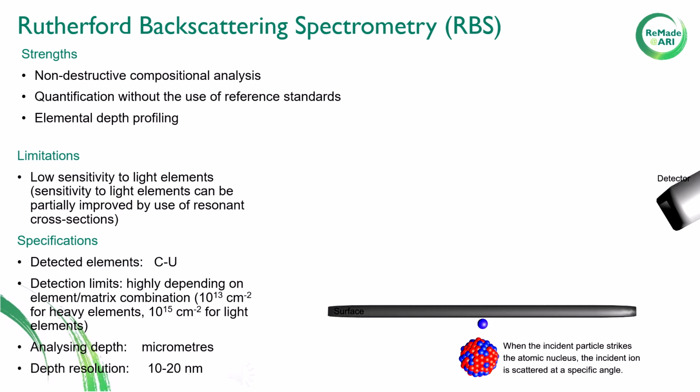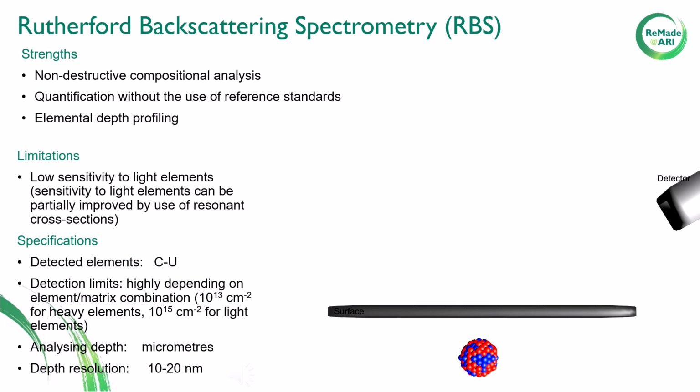The sample is during the RBS analysis irradiated by light-energetic ions, usually alpha particles or protons, then the elastically backscattered from nucleus inside the analyzed solid and subsequently detected at large angles. Energy of used ions during RBS is in order of MeV.